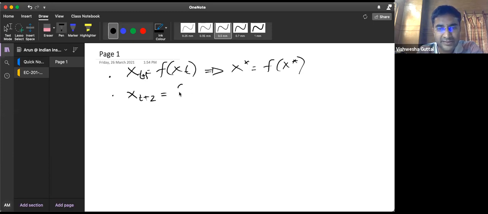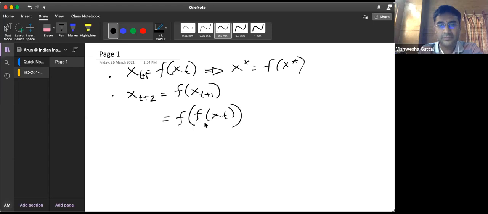This is f of x of t plus 1, right? Now what is x of t plus 1? I can use the equation above, so I can write this as f of f of xt. So basically x of t plus 2 is equal to f of f of xt. Is that correct?